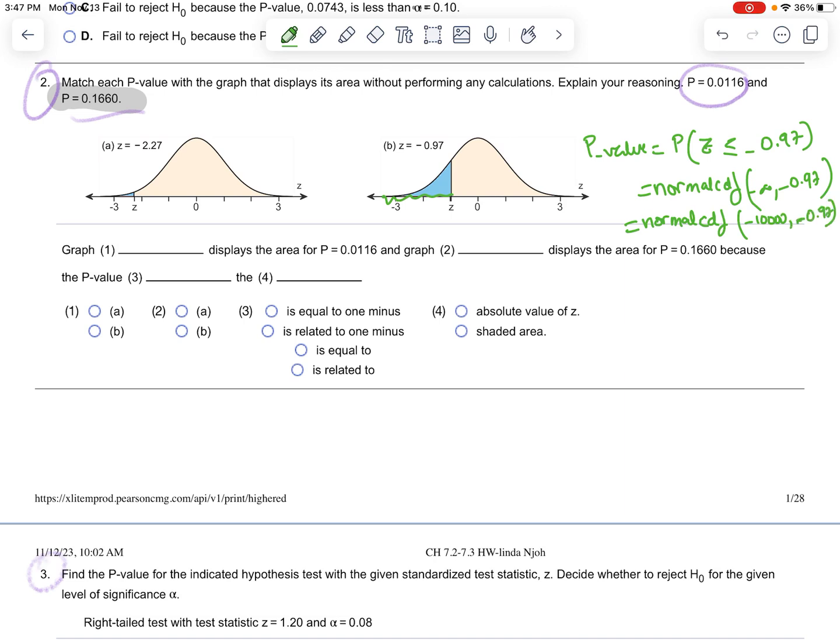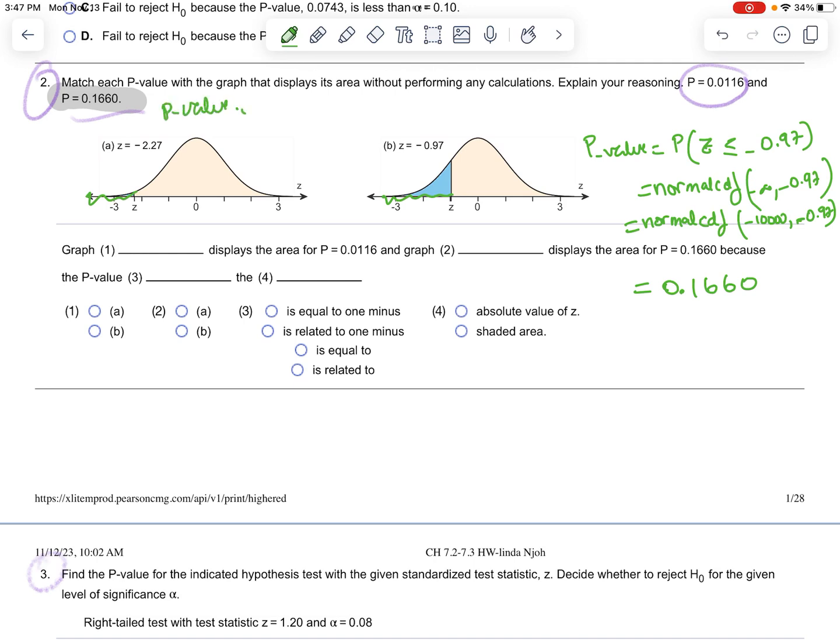So I'm going to put that in the calculator, second function DISTR, normal CDF, a big number, negative 0.97. So we get here, this p-value is 0.1660. And over here, we'll do the same thing.